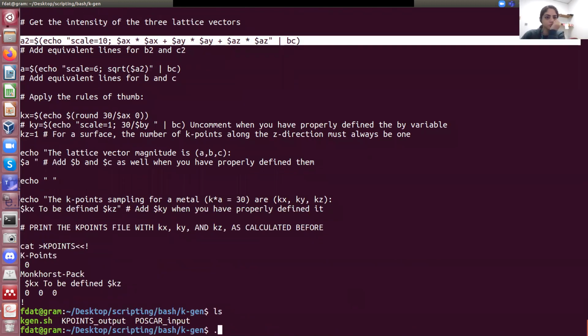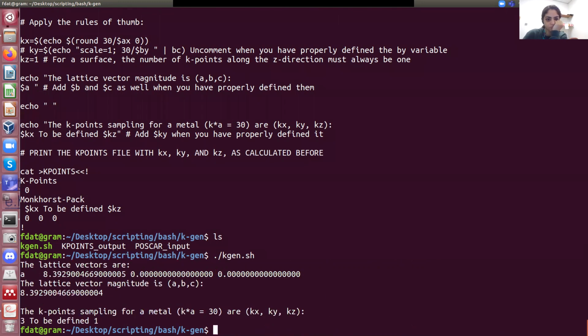If you want to run this, you run it. Okay, but now if I run it here, it will probably not work. Ah, no, it will work actually. When you run it, it's printing some things. And then here it's telling you the k-point sampling for a metal, giving you the three k-points, like 3, and then this to be defined is because the script is not complete. You will need to add other things.